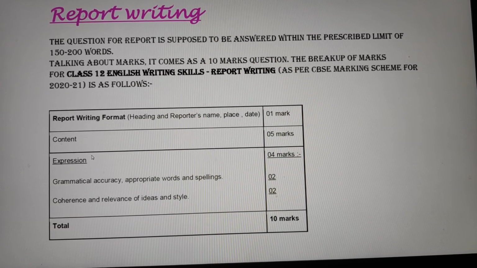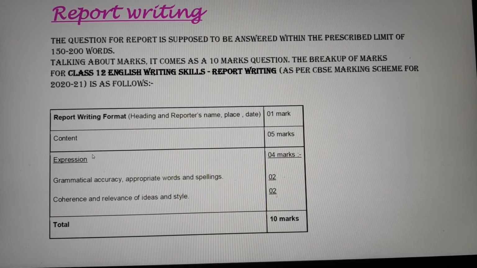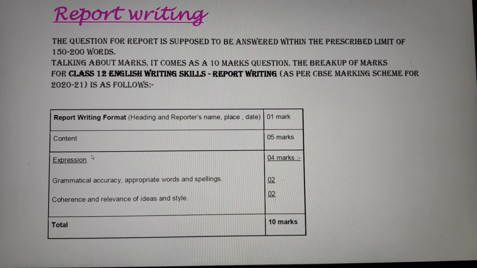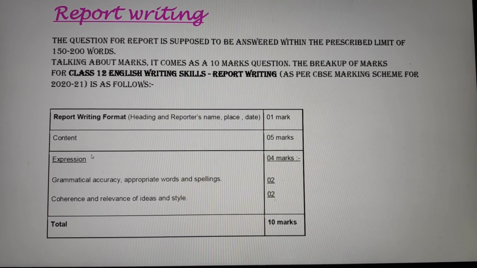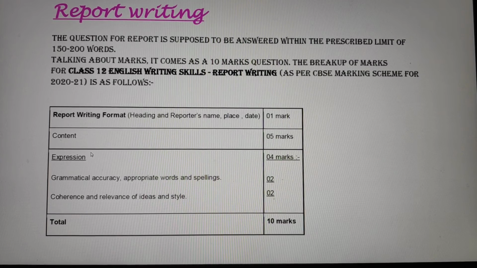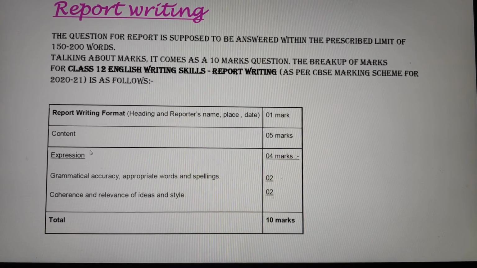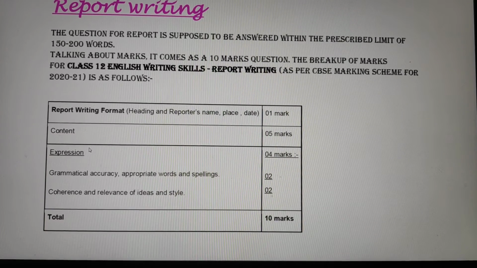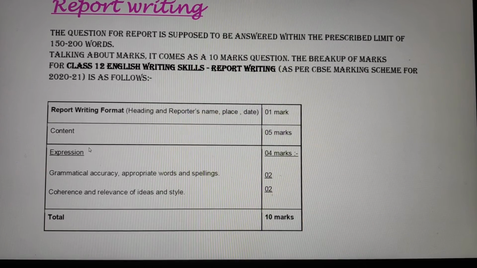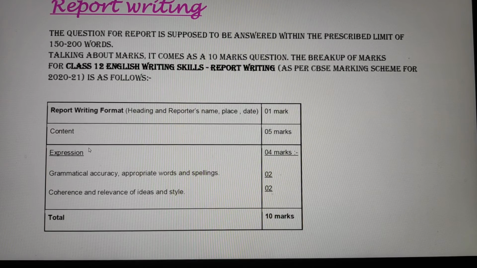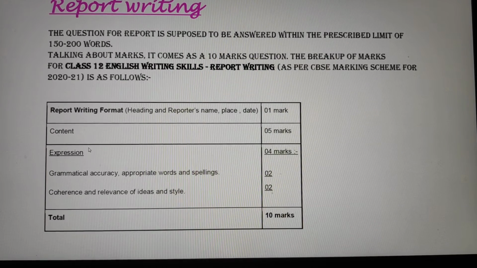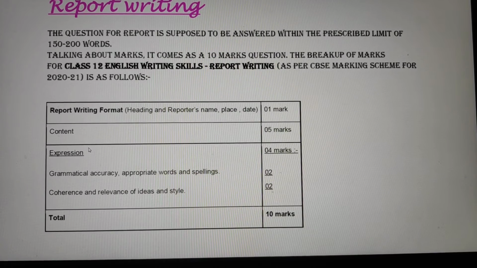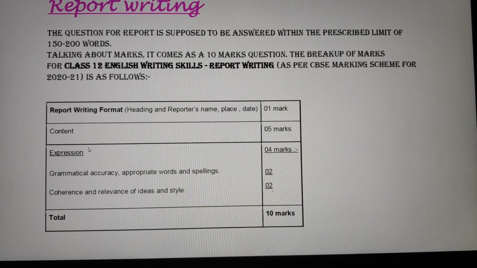Expression carries 4 marks. Out of 4 marks, 2 marks for grammatical accuracy, appropriate words and spellings correction, and 2 marks are for coherence and relevance of ideas and style. So that comes total 10 marks. So report writing would be asked as a very long answer question for advanced writing skills.